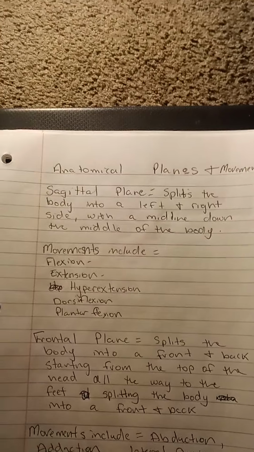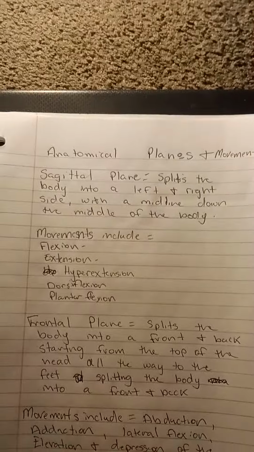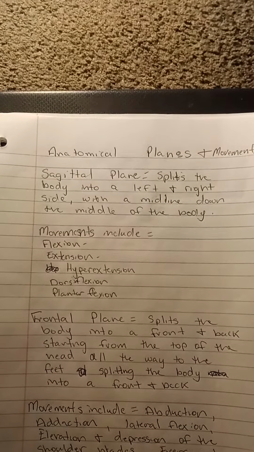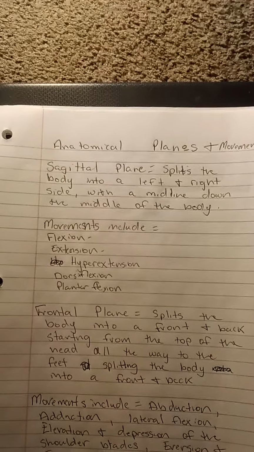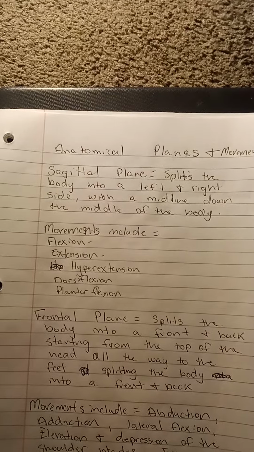Basically, the sagittal plane splits the body in half, gives it a left and right, and the movements that occur in this plane are flexion, which is your arms extended in the air. Extension is your arms to the side.